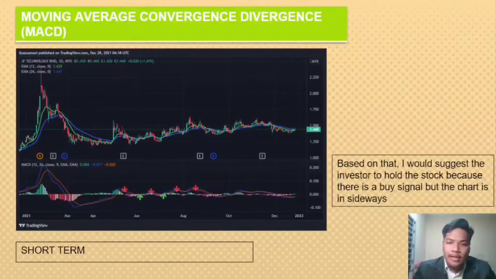As we can see, in the mid of May, they start by a bearish signal, and in the early of June, there is a bull signal, and there is also a bearish signal after that. This is for short term.